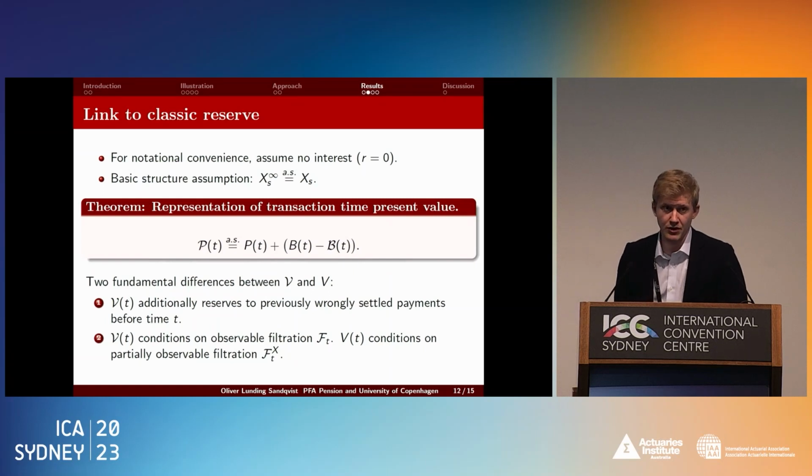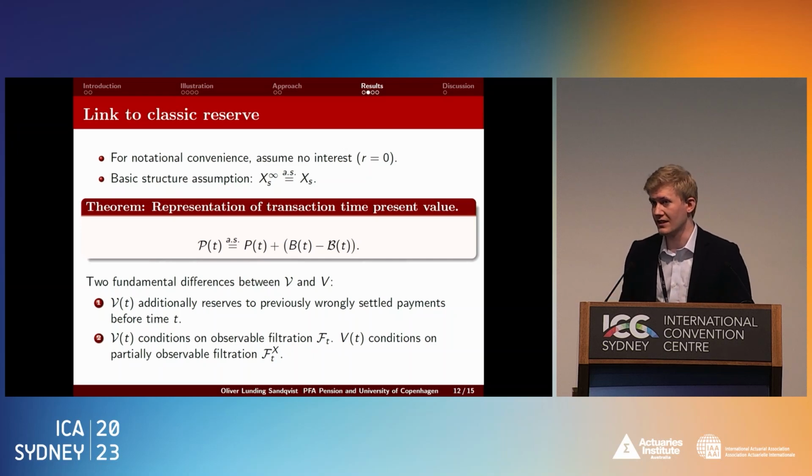So now briefly on to the results that we obtain. So we get some nice theoretical structure results here. So just for notational convenience, we will quickly assume that there is no interest rate. And basically the only assumption you need for this to work is the following structure assumption: that your transaction time state process here agrees with your valid time state process when you let the transaction time go to infinity.